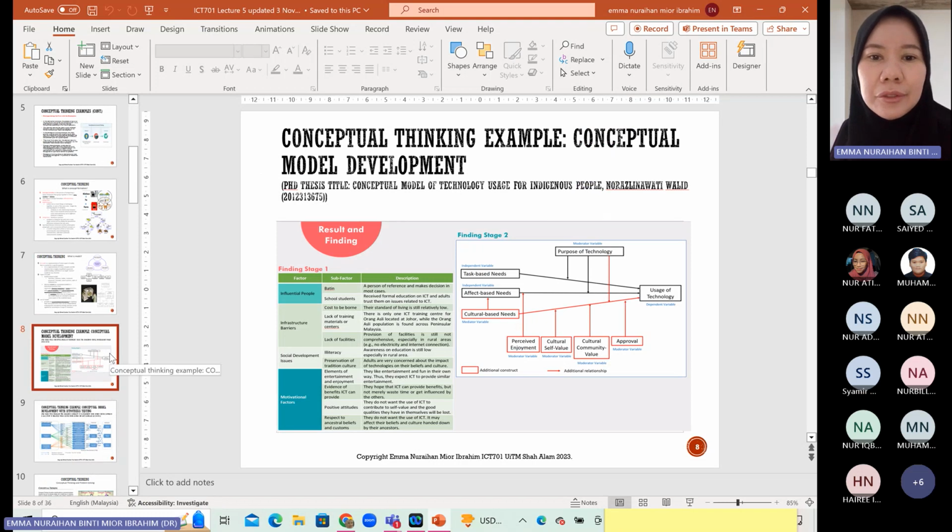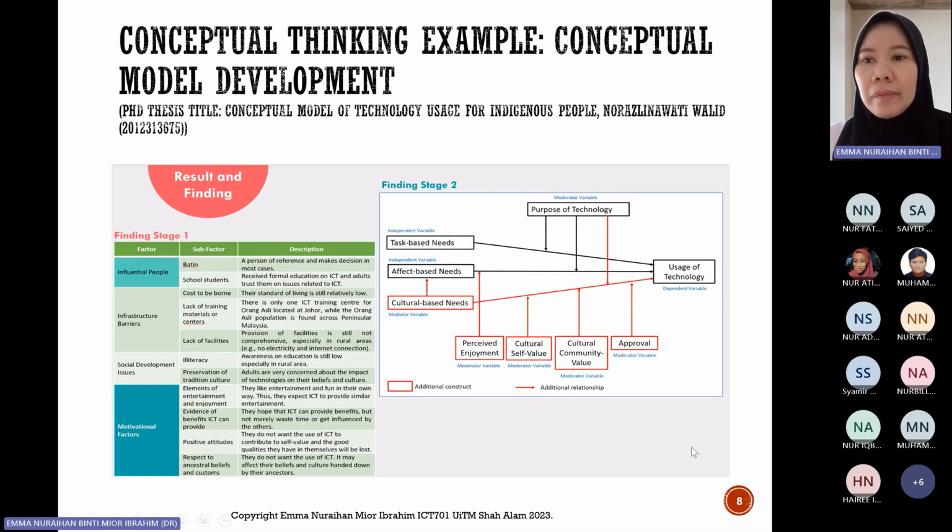So, conceptual thinking. This one is my former student who has already graduated. Maybe because you are CS709, it may not be related to your program, but I just want to show you how PhD students conceptualize, the process of conceptualization, and how it becomes a proposed model.